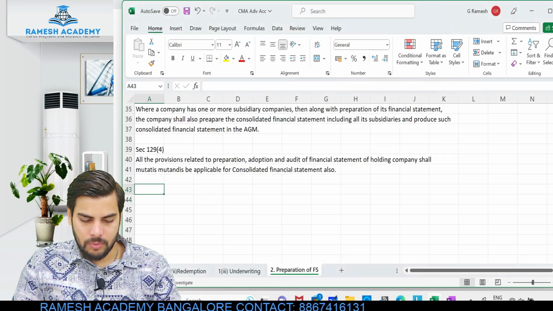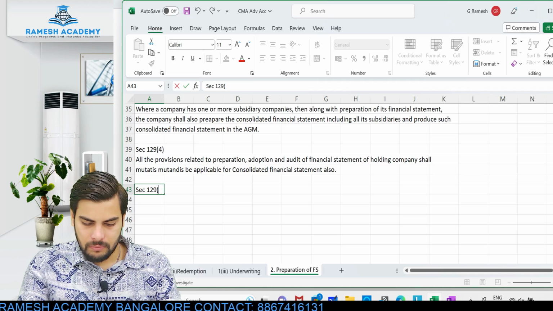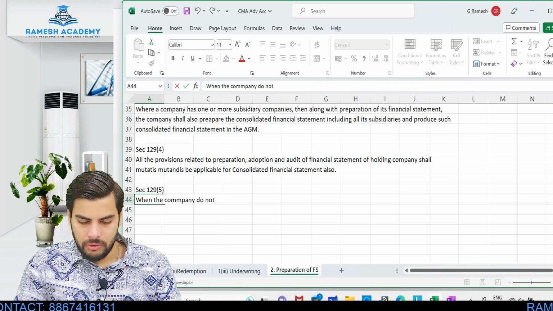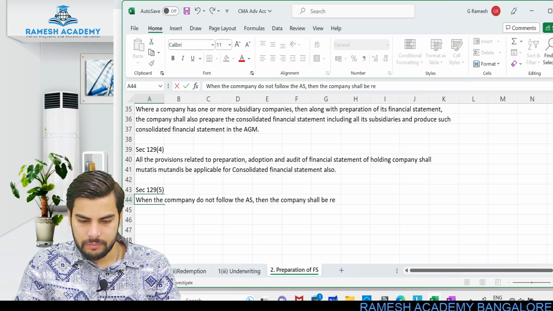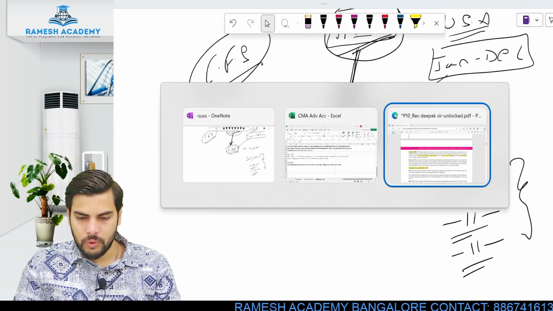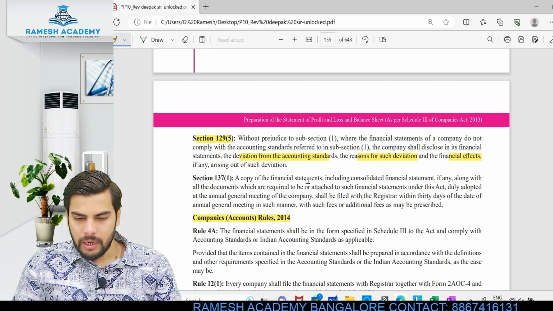Okay, so let me write this point. When the company does not follow the accounting standard, then the company shall be required to communicate a few things. What are those few things? The first thing is communicate in the financial statement.